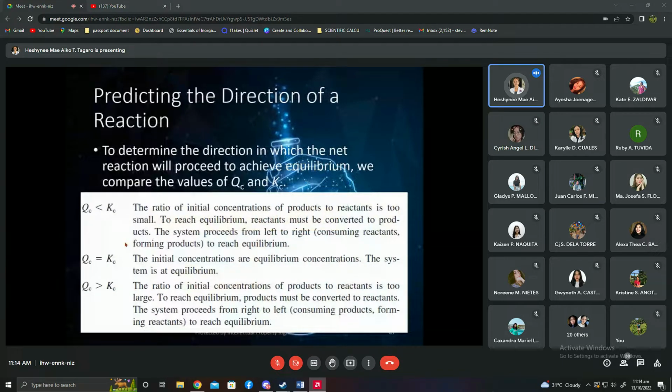Predicting the direction of a reaction. Sige. So, medyo challenging ang aton nga obrahon. To determine the direction in which the net reaction will proceed to achieve equilibrium, we compare the values of QC and KC.